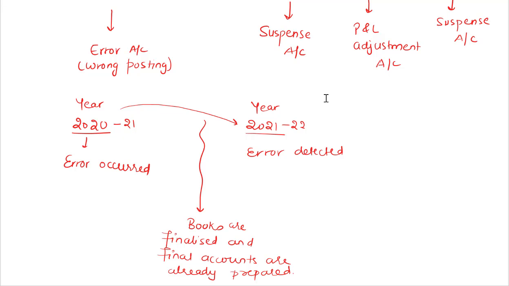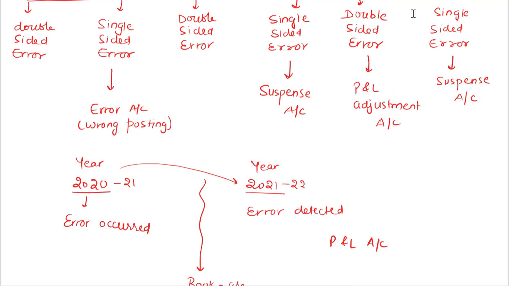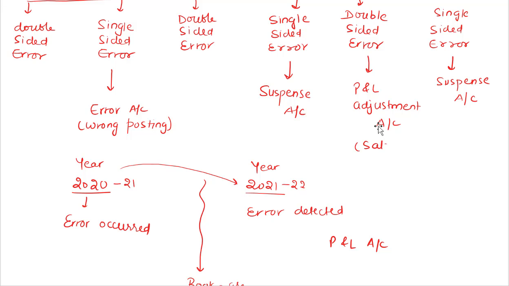If final accounts are already prepared at the end of 2020-2021, and we begin with 2021-22, in this year we would be making the profit and loss account. Supposing there is an error in salary, and we detected it in 2021.